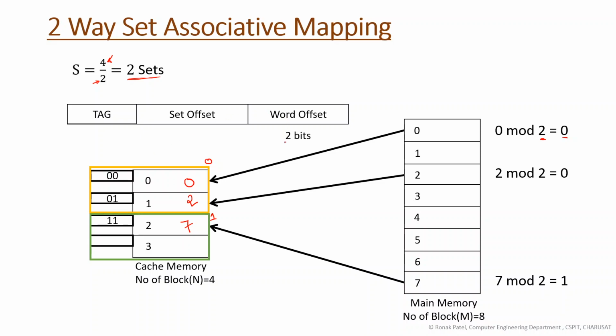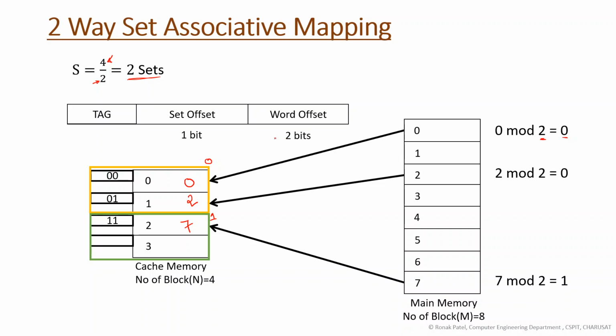So 2 bits for word offset, as this depends on the cache block size in terms of words. We have 4 words in one block, 2 to the power 2, so 2 bits.